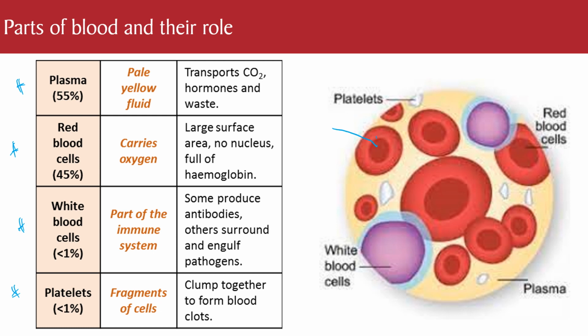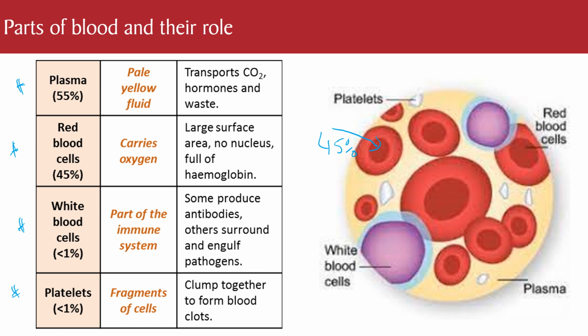Red blood cells look like a donut, and they have no nucleus, so they'll tend to be the biggest, and it'll also be the one that there's most of, because if you look at the percentages, 45% of blood itself is red blood cells.